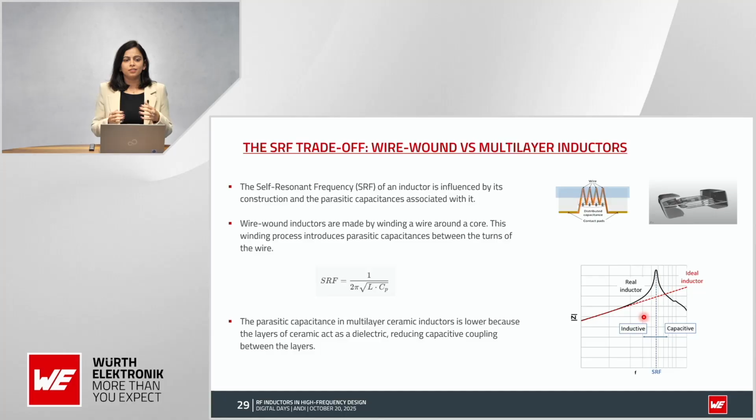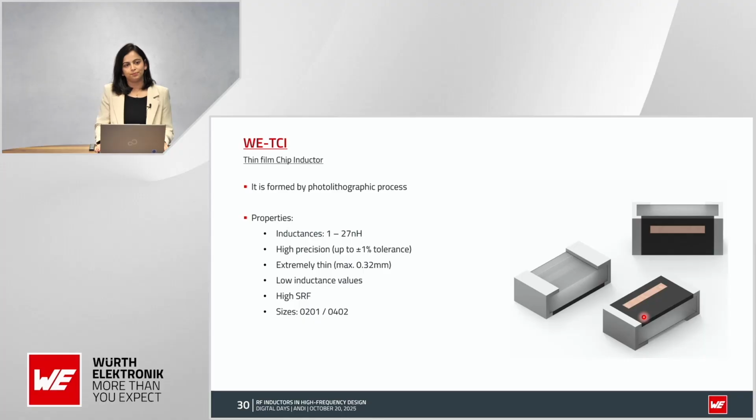This capacitance reduces the self-resonant frequency of the wire wound inductors. In multilayer ceramic inductors, it's low because the ceramic layers act as dielectric, which reduces the capacitive coupling between the layers. That is why if we are choosing an inductor for high SRF, multilayer are the best choice.